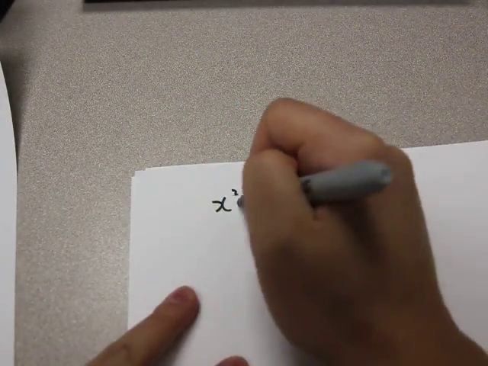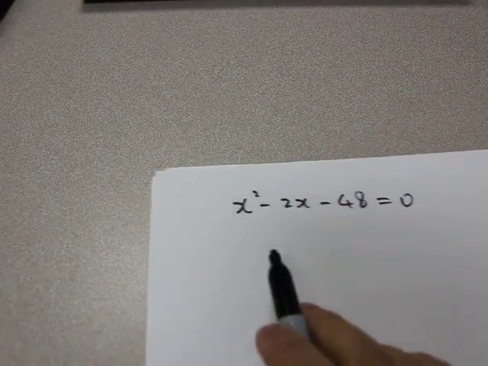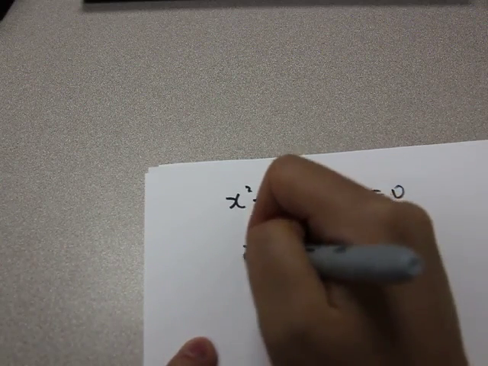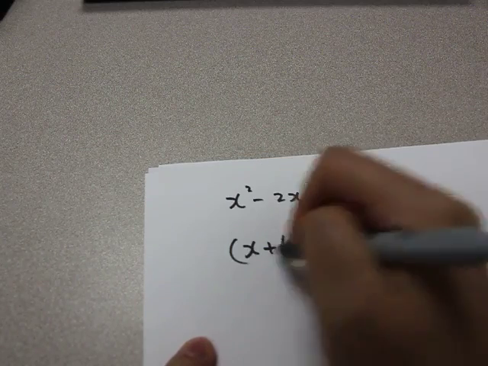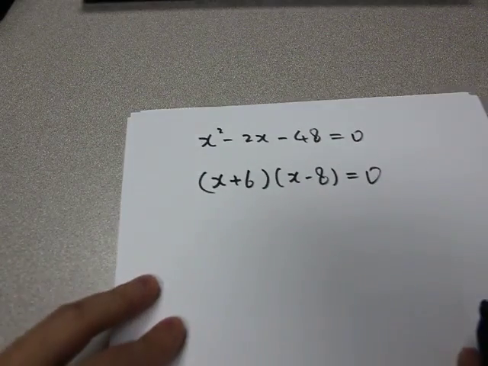Now next, our original quadratic equation will become x plus 6 times x minus 8 equals 0.